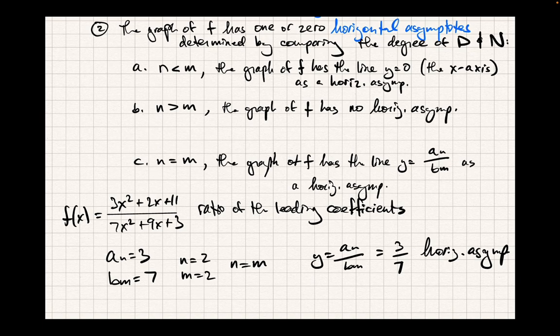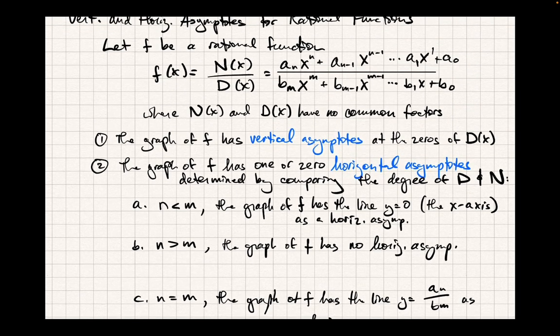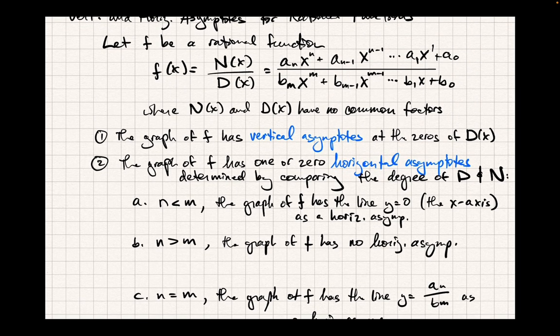What if I had said like 6x squared? At the beginning you said that n of x and d of x have no common factors. Right, that means there's no reducing to go on. So these rules don't really apply until you have a reduced rational function.